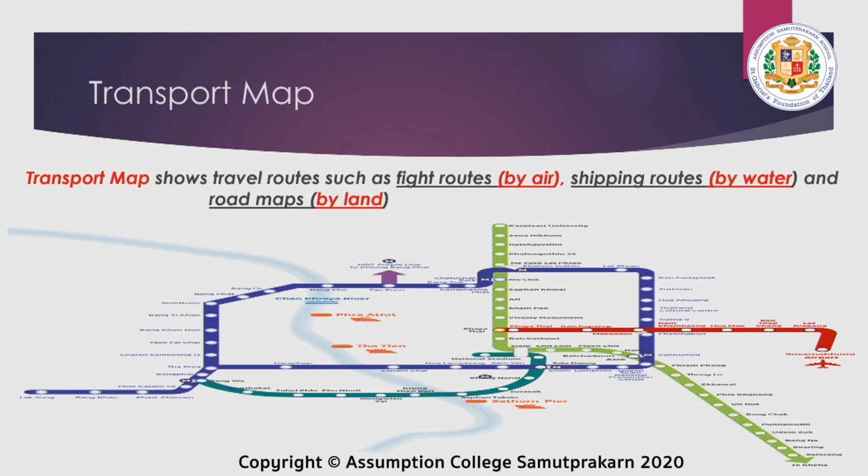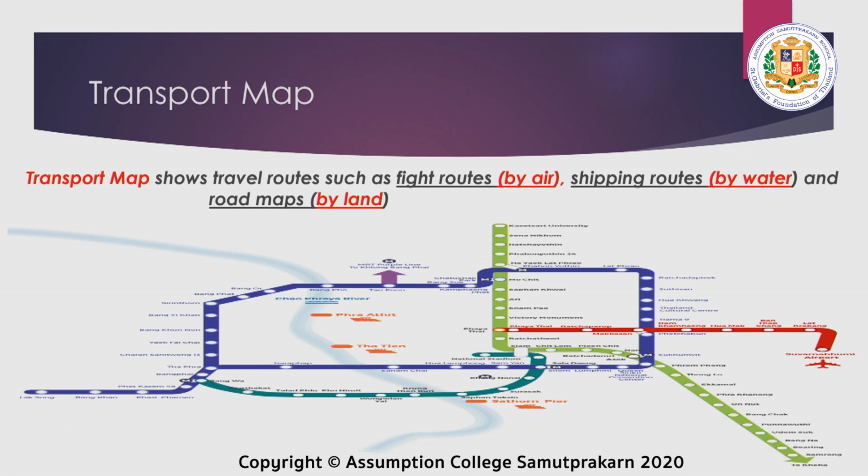The dark blue line is the MRT, or the subway, which goes under. The light green line is the Sukhumvit line, going from Bearing to Siam Paragon. And the darker green one is the Silom line. You can also travel by sea right there. So these are transport maps.